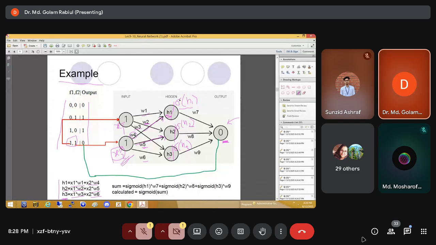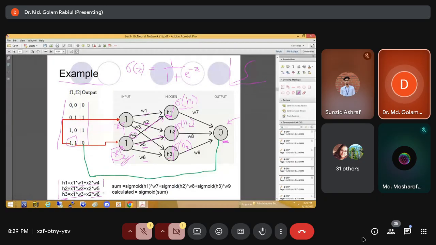Here we have utilized the sigmoid activation function. This is sigmoid of H1. The sigmoid of any value g is 1 divided by 1 plus e to the power negative g. This is called the sigmoid function. That means sigmoid of H1 will be 1 divided by 1 plus e to the power negative H1. In our previous lecture we saw that the sigmoid is an S-shaped curve, so that is non-linear.